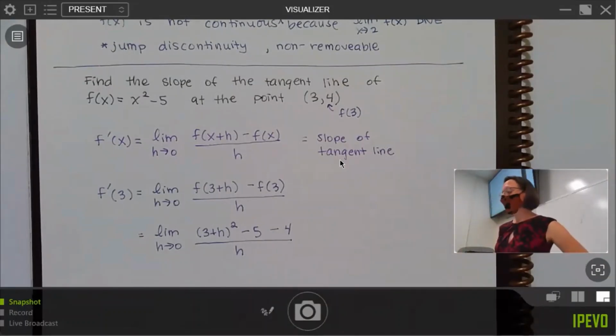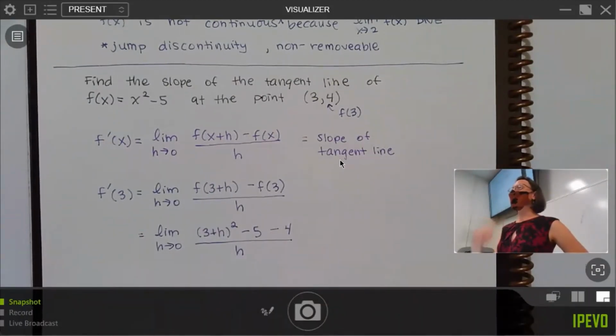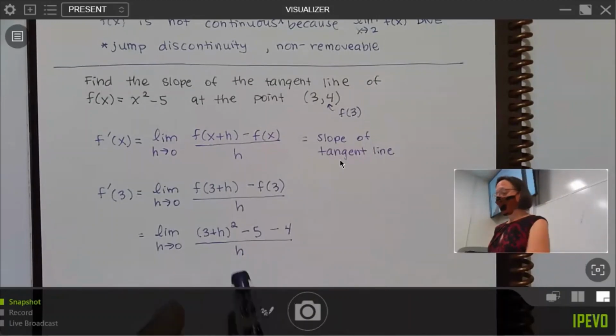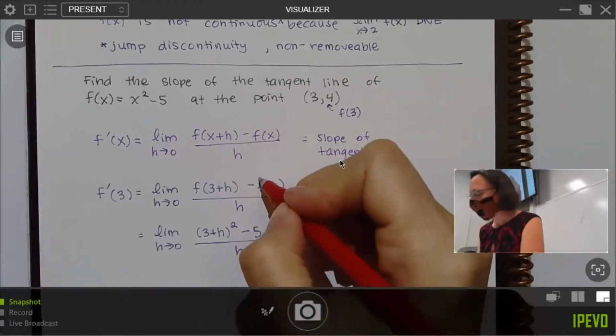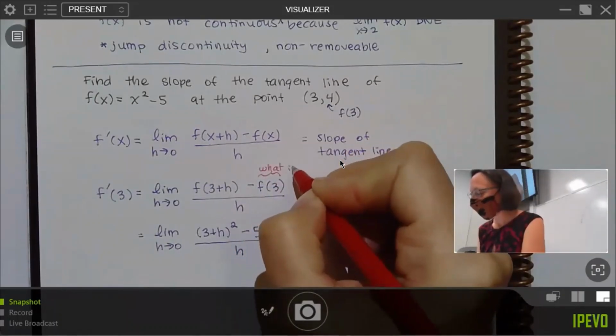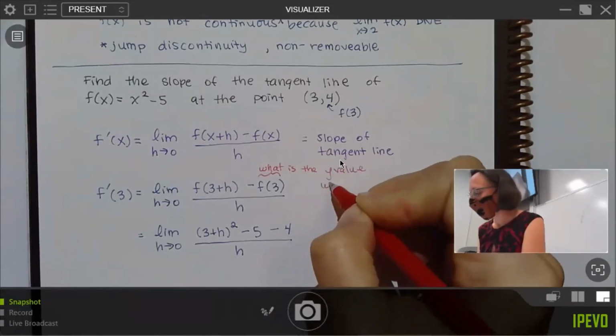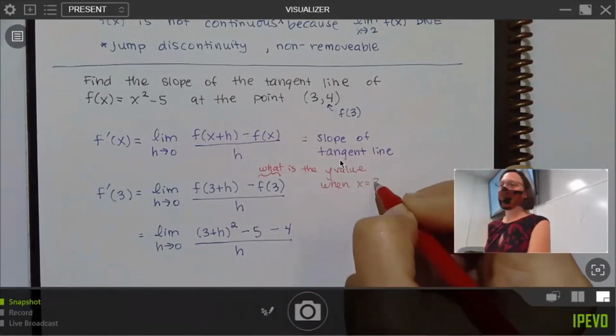Visually, this looks like it is saying f times something. But what the notation is saying is, essentially, what's the y value when x is equal to 3.